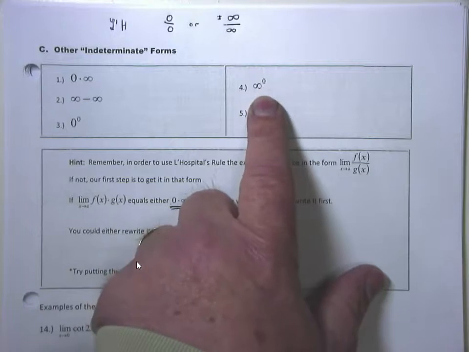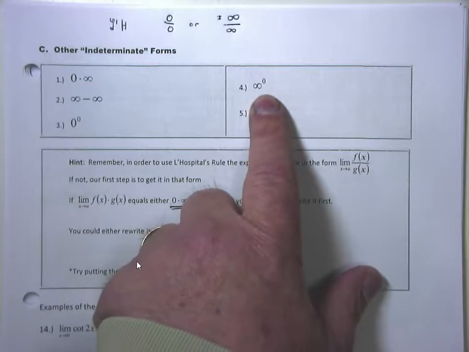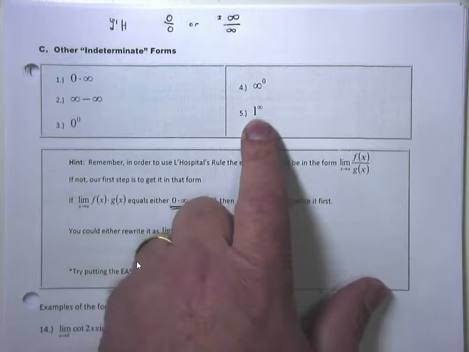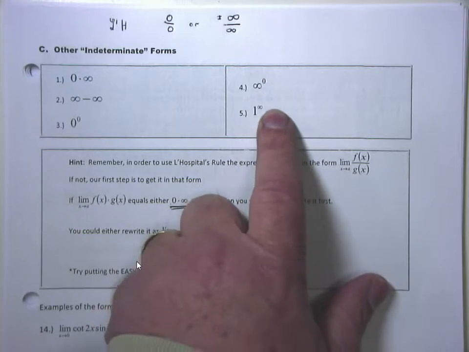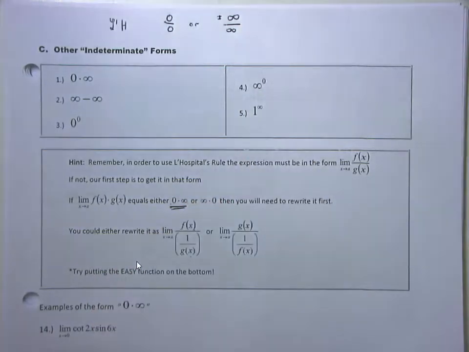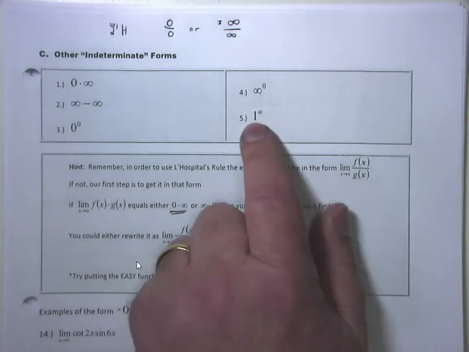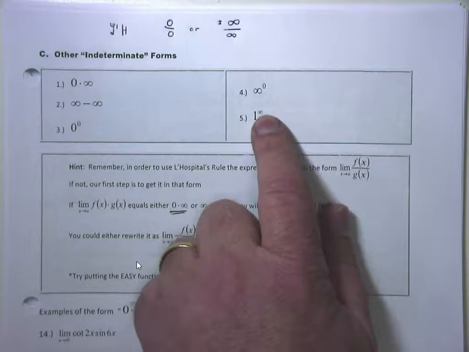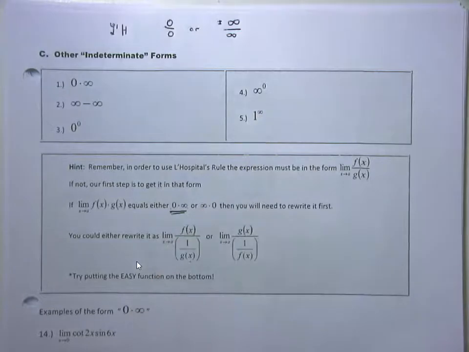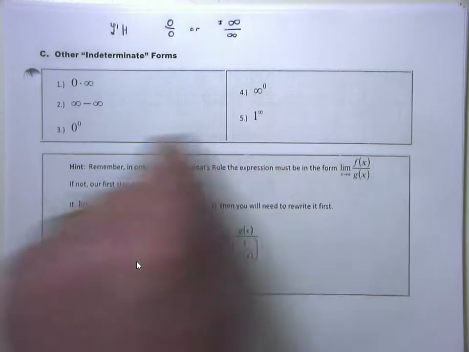If the base is infinity, well, maybe the answer is infinity. Well, sometimes it is. And the famous 1 to the infinity. I know you're thinking 1 to the infinity should be 1. Not necessarily. It depends on how fast you go to 1 versus how fast that exponent blows up to infinity at you. So you don't always get 1 on something. It's indeterminate. Okay? These are exponential indeterminate because you got something in the exponent.